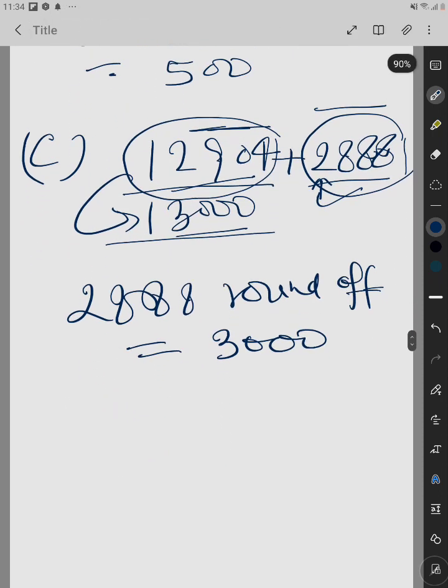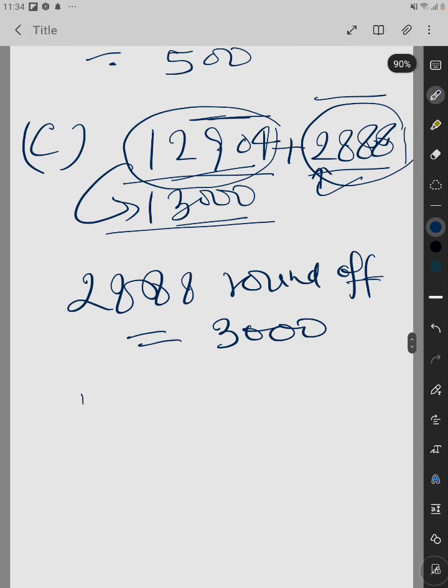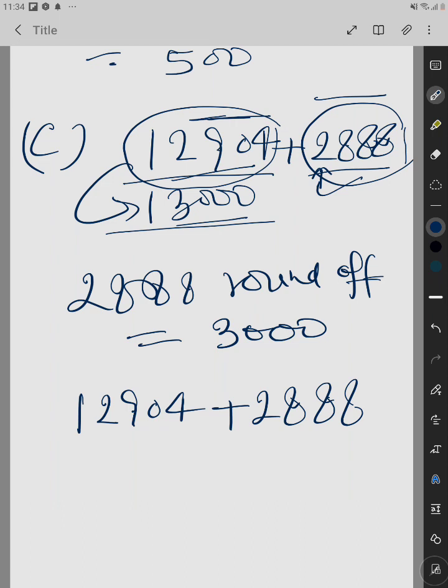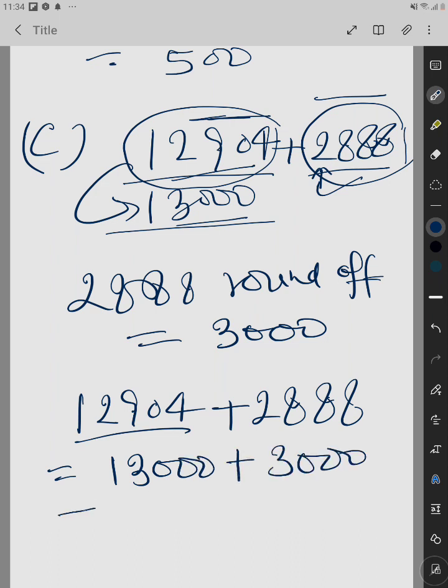Now we can write this: 12,904 plus 2,888. After rounding it off, we'll write here equal to 13,000 plus 3,000. Okay, so how much will the answer come? As 16,000. So this is the answer.